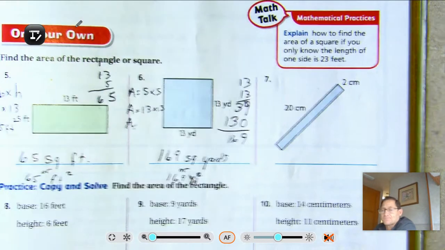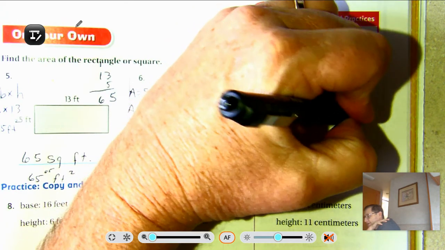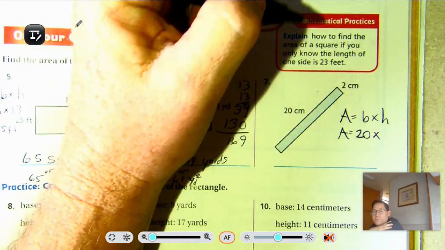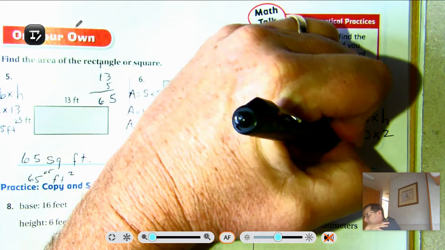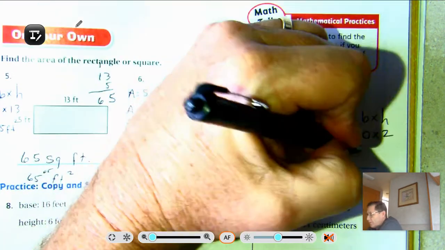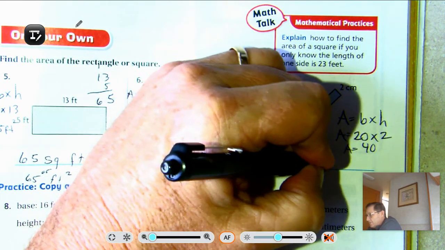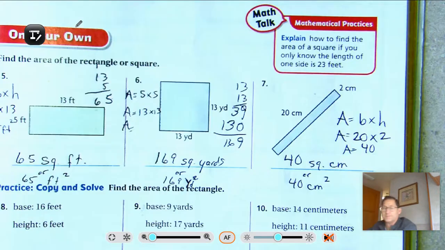Number 7. There's a rectangle. So base times the height. Just choose one of the sides to be the base. The other side will be the height, because it's going to be perpendicular to the base. And 20 times 2 is 40. So 40 square centimeters is our answer.